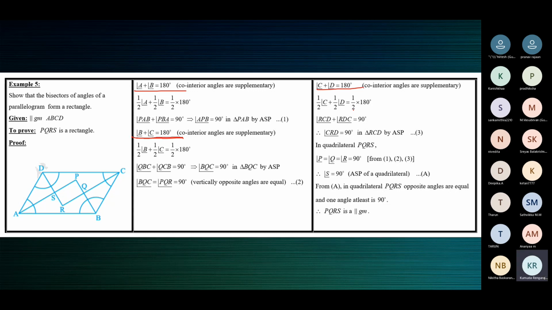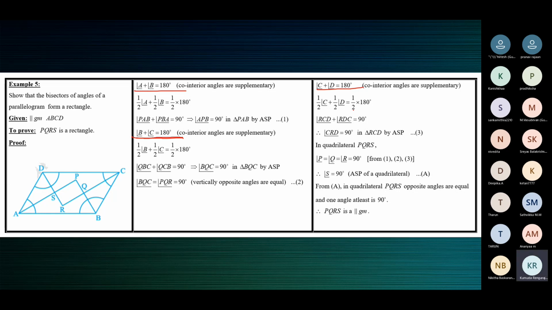D plus A is also 180, but it's enough if you do any 3. We know that angle A plus angle B is 180. Co-interior angles are supplementary. Angle B plus C is 180. Angle C plus D is 180. Angle D plus A is also 180. Of these 4, you can work any 3.